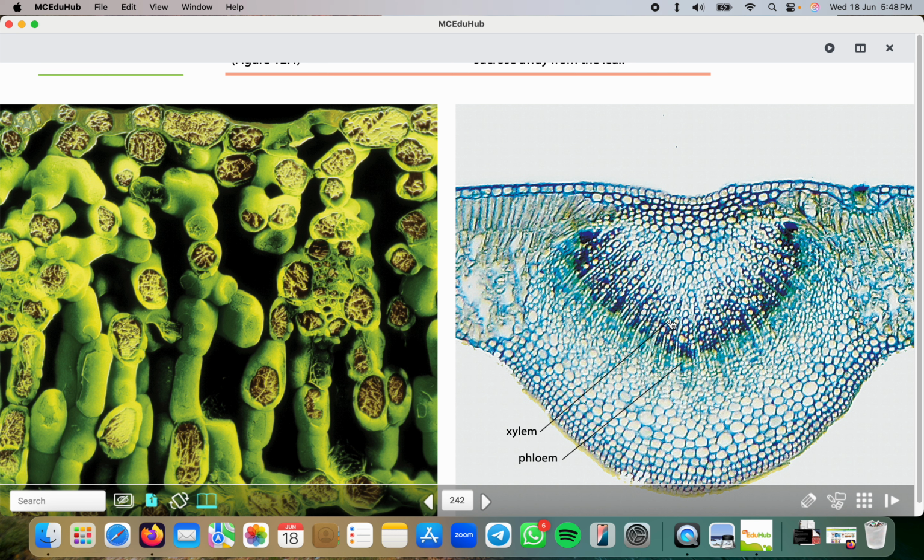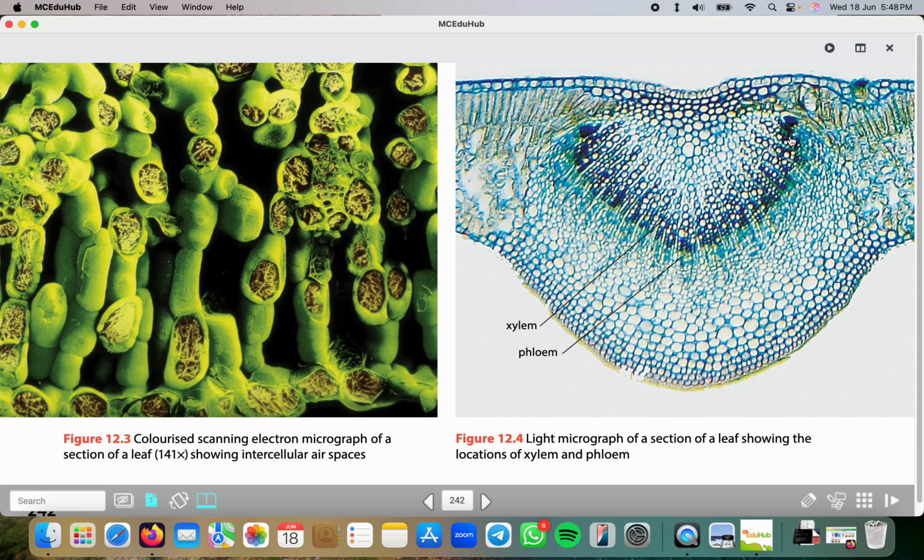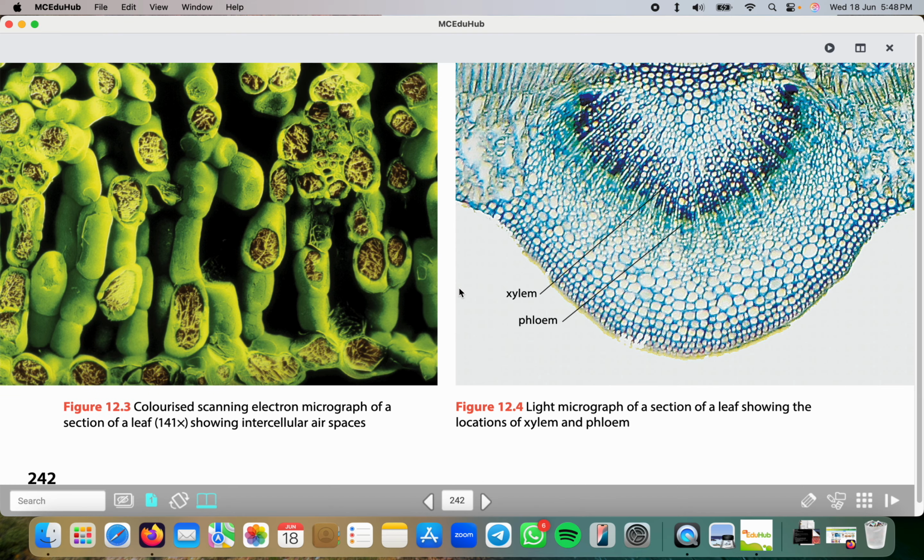You can see that the xylem walls are usually thicker, more obvious, larger, whereas the lumen in the phloem is going to be a lot smaller. Remember, this is in the leaf. The arrangement of the xylem and the phloem is different in the leaf, different in the stem, and different in the roots. So do watch out for that.